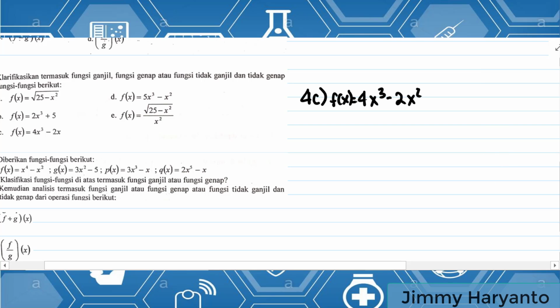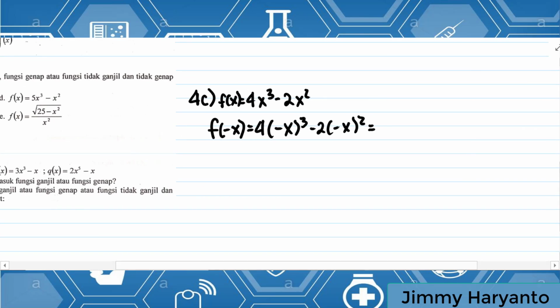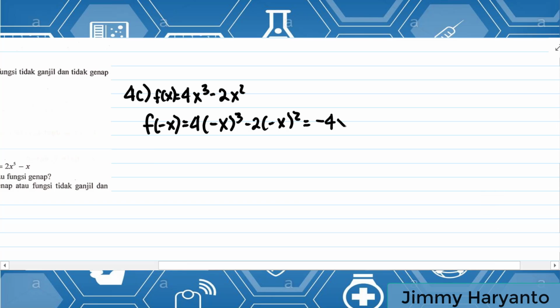f(x) equals that. And then for the second one, we have to find f(negative x): 4 times negative x cubed minus 2 times negative x squared. So the result will be negative 4x cubed minus 2x squared. For the third one, negative f(x) equals negative 1 times 4x cubed minus 2x squared.